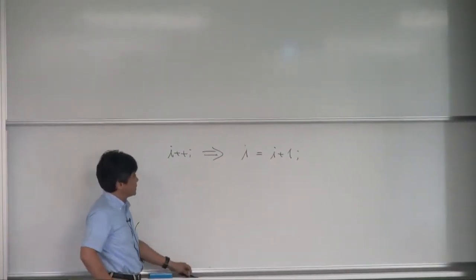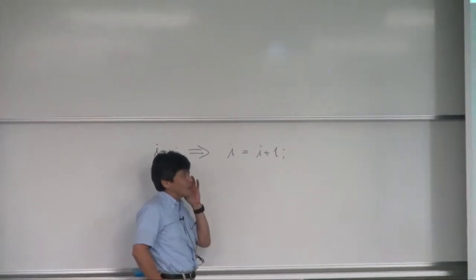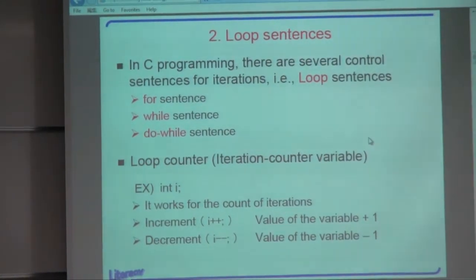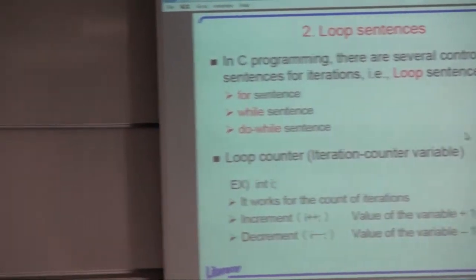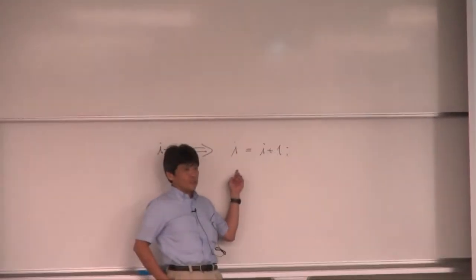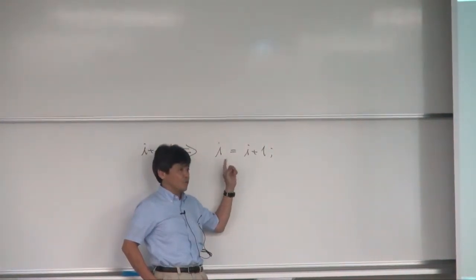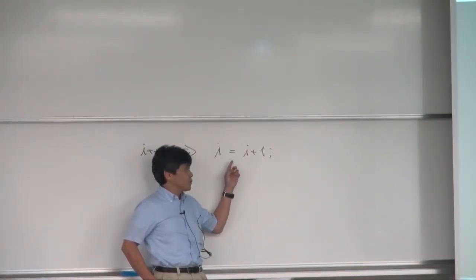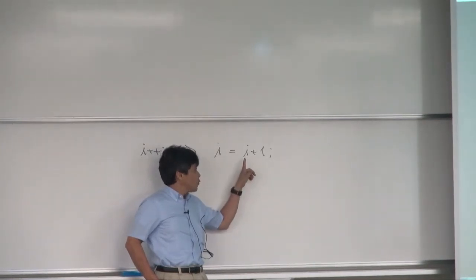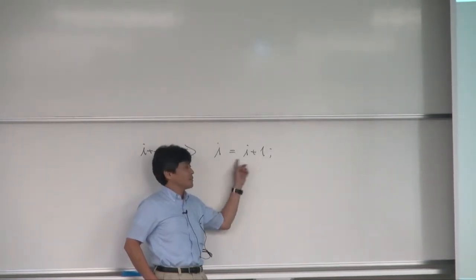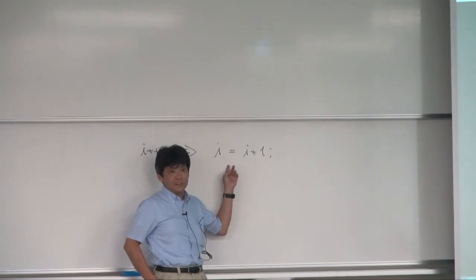Okay? So sometimes, as I explained, equal is a substitution operator. In this case, variable i's new value is a substitution of the old i value plus 1. So this expression is mathematically wrong.